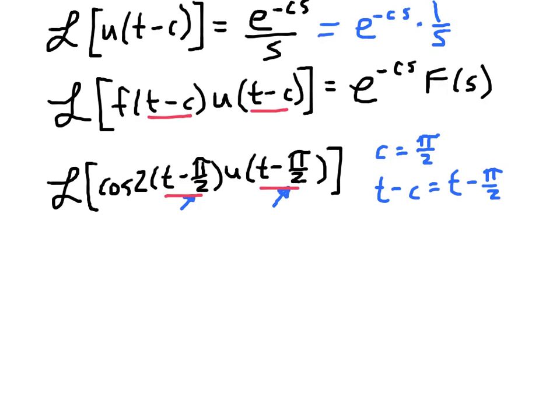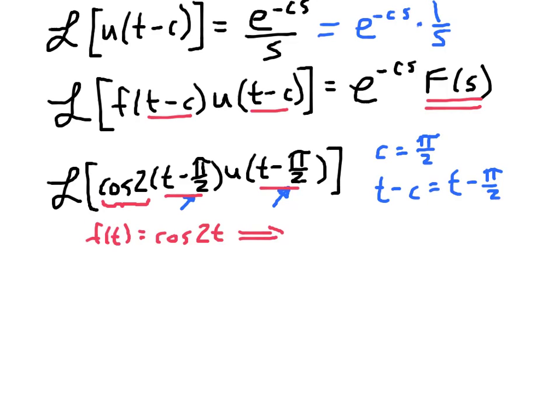So what we have to do now is identify the function little f, and we can see the little f in this case is this part right here. It's the cosine of 2t. So little f of t equals cosine of 2t, and the capital F of s here in the formula that I just double underlined in red is simply the Laplace transform of the little f.